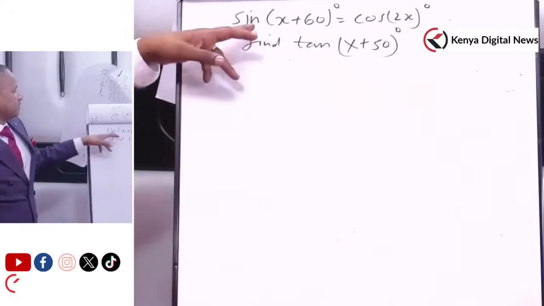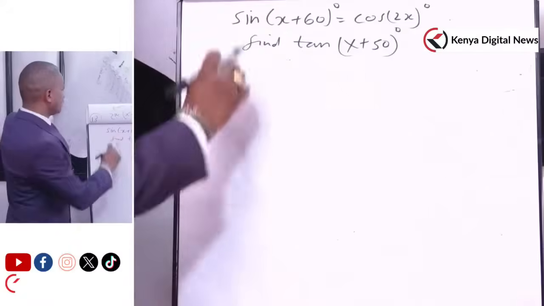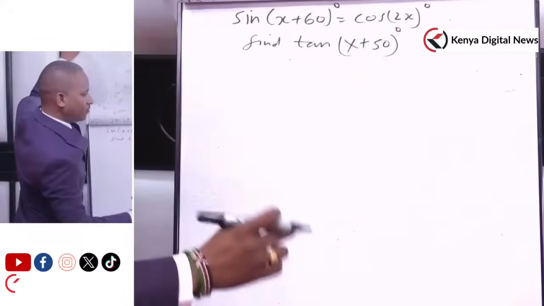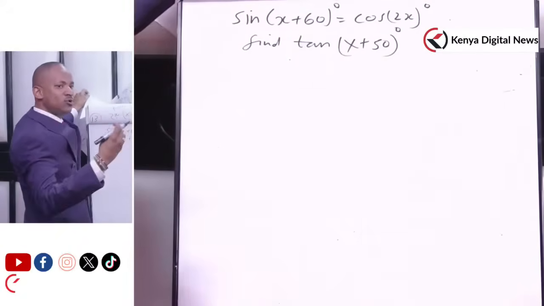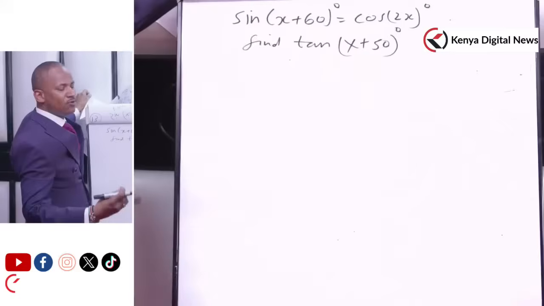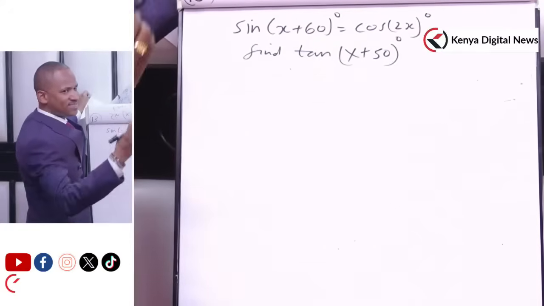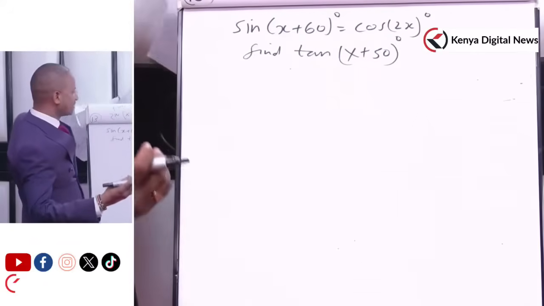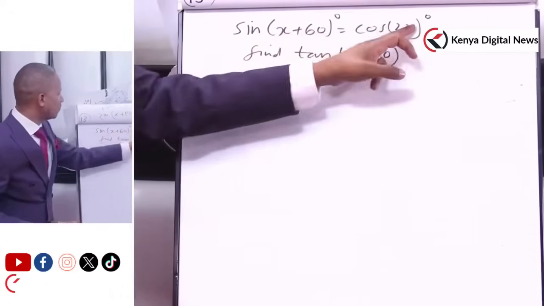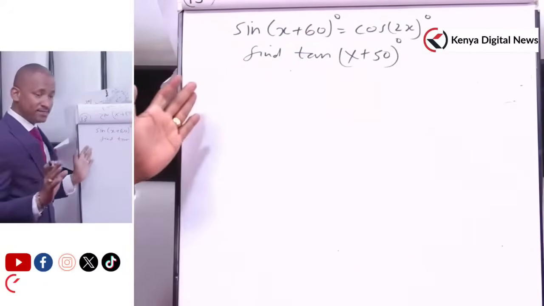So class, you saw the relationship between sine and cosine. We said sine 30 equals cos 60, or cos 30 equals sine 60. So there's 30, there's 60, that is 90, which means these angles, when you add them, equal 90 degrees.